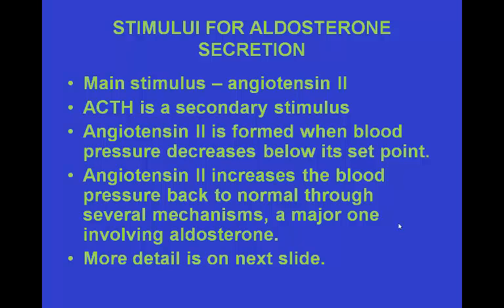Angiotensin II is a hormone that is formed when blood pressure decreases below its set point. When the blood pressure drops below normal, or we say below the set point, the kidneys will detect this and will release a hormone, an enzyme, that is going to bring everything back to normal again. The details of this will be shown on the next slide.